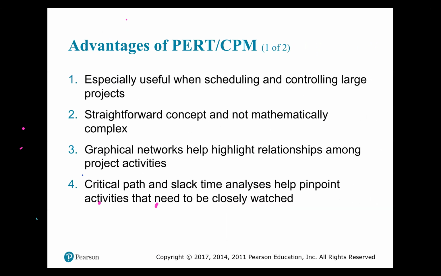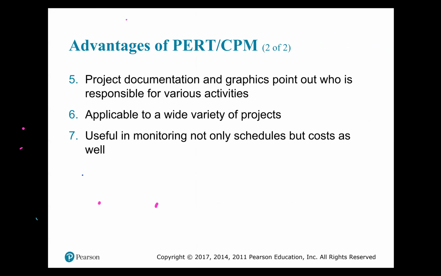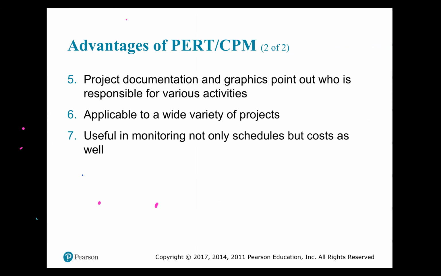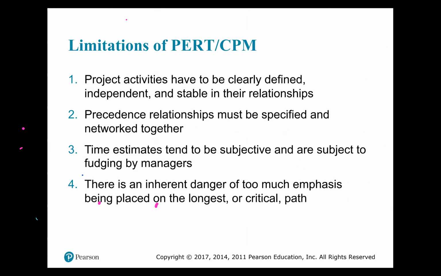So we look at the advantages of PERT and CPM. Here they are. I won't read them, I'll just have you look at them. There they are, 4 advantages on this page. You have another 3 on this page. But if you have advantages, you will have limitations, right?